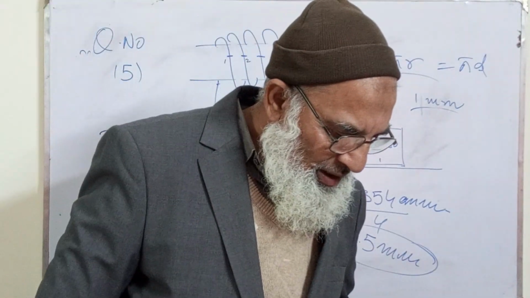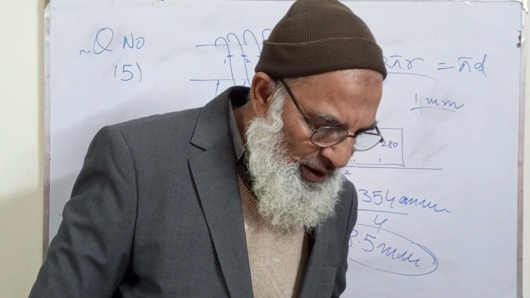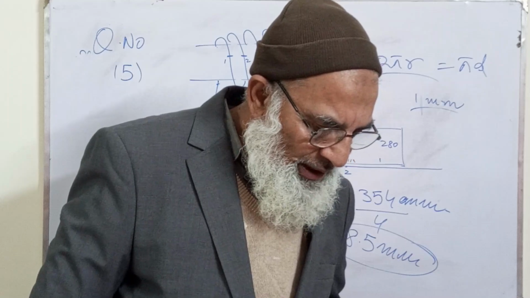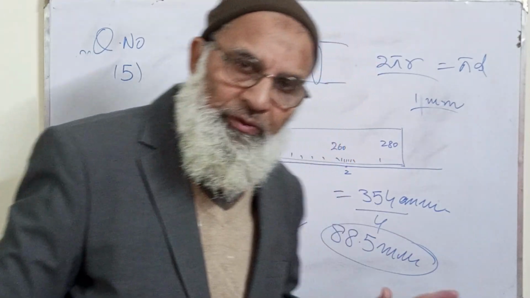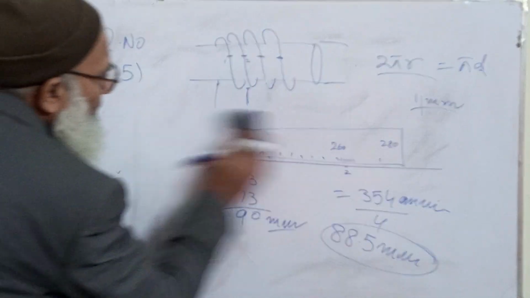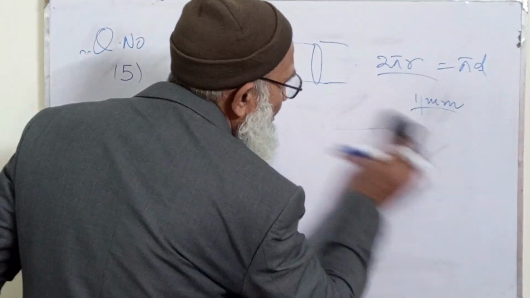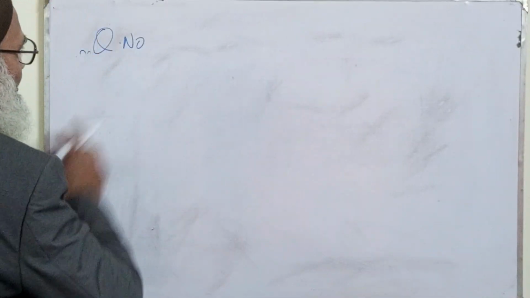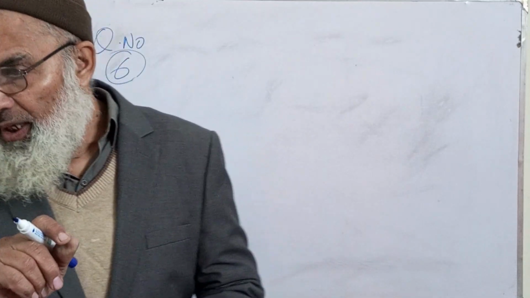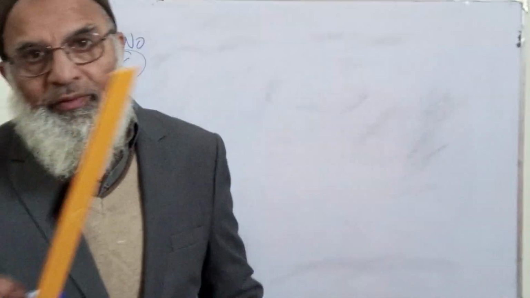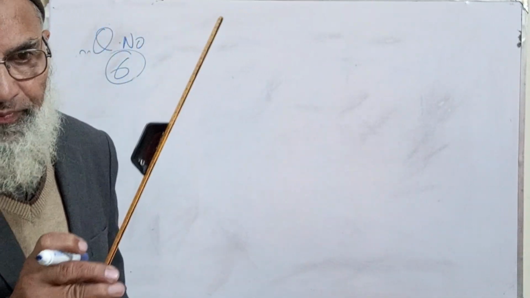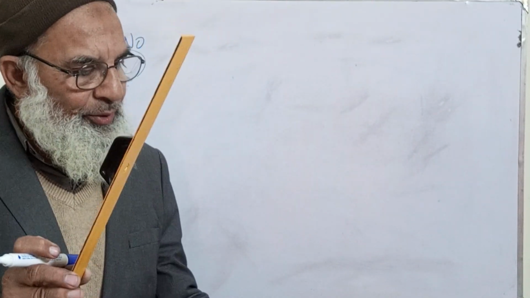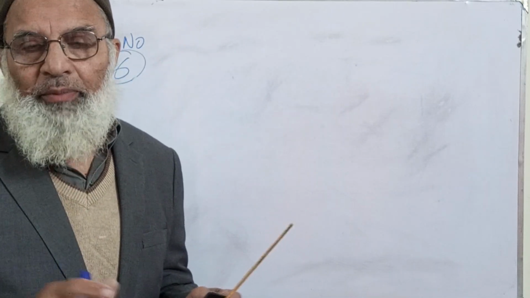Now question number 6. Suggest how you would work out the thickness of a single sheet of paper if the only measuring device available is a ruler with the smallest division 1 millimeter. So you have only one paper and a measuring ruler, and you want to know the thickness of that page.